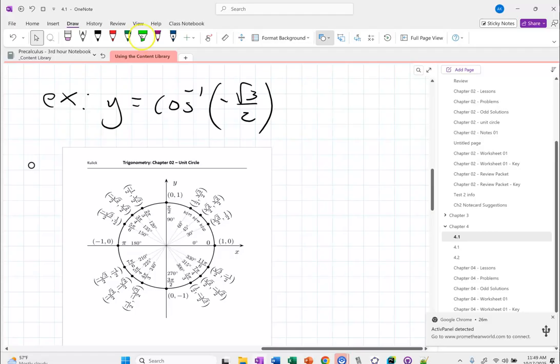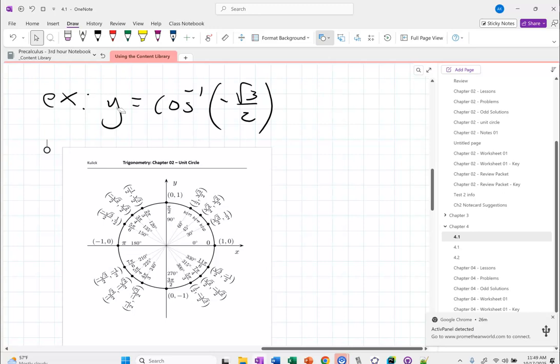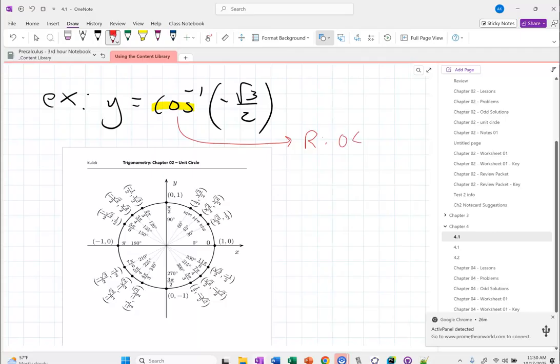First thing I look at is what type of inverse am I doing? In this case, it is cosine. So the range for cosine inverse is 0 to pi.